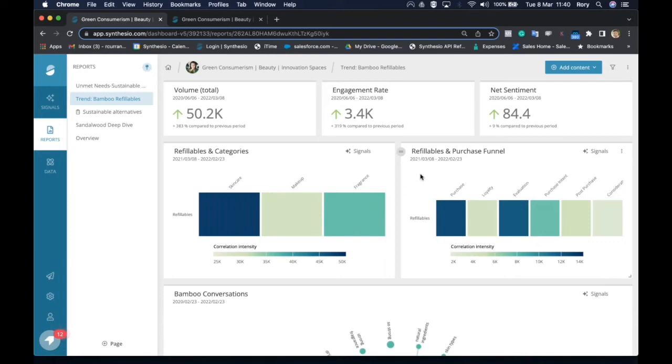We can then dig deeper into that to understand more context. Ultimately, what we found from our research is that consumers are really quite keen to move towards a more sustainable way of living, however, not at the expense of product quality. And that's why we're seeing a lot of evolution around these conversations.